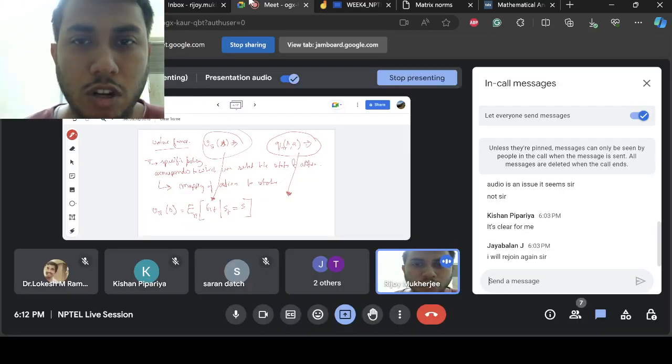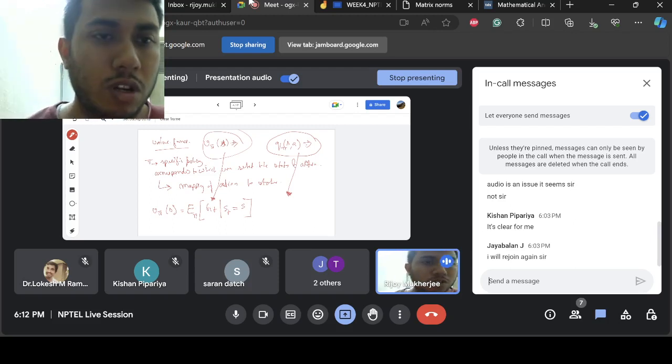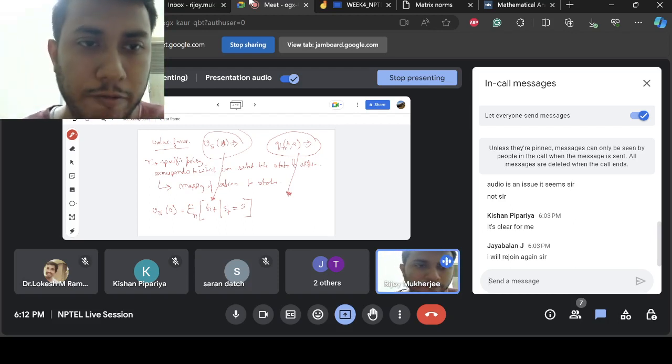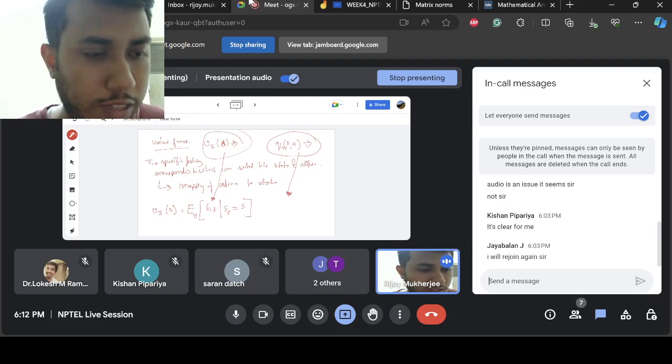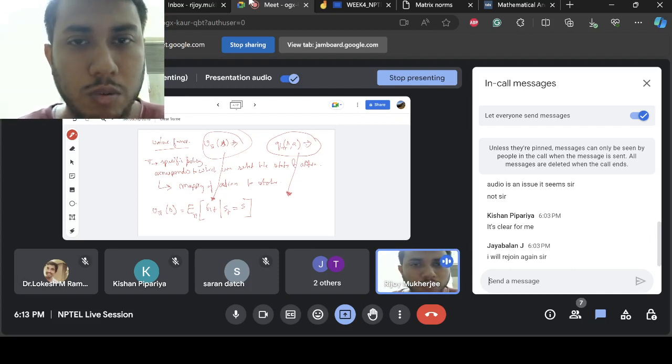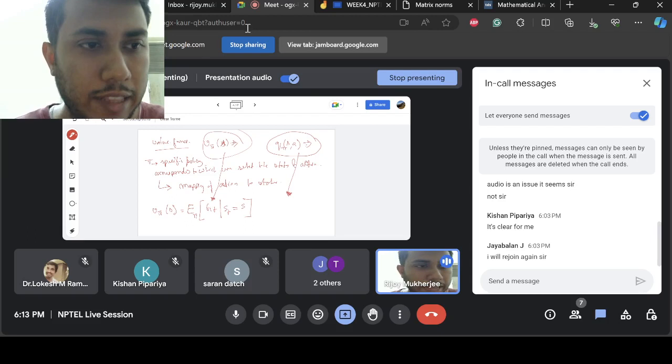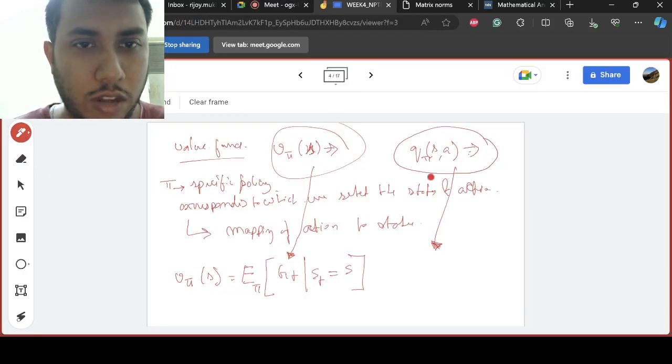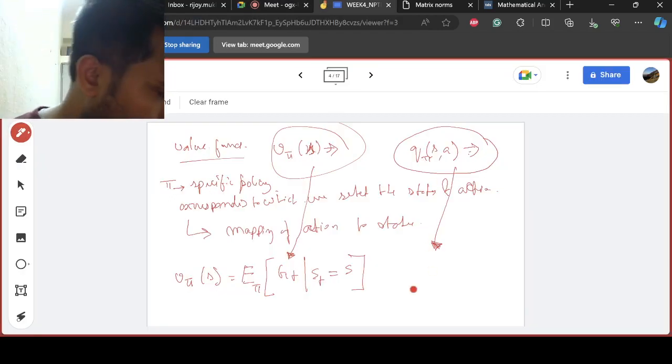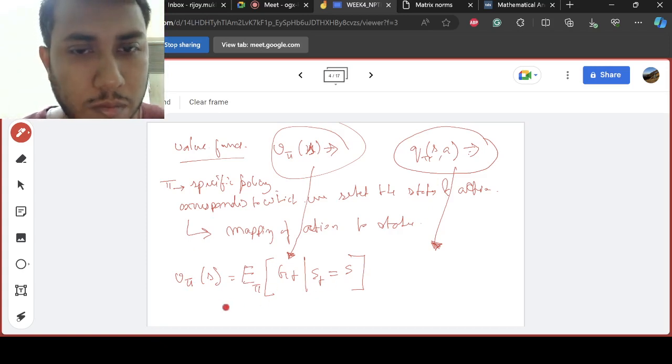This is your v pi. In the class it was shown how you derive the formula from this to what we call the Bellman equations. I will directly write the Bellman equation. I will not go into details of how to derive it.